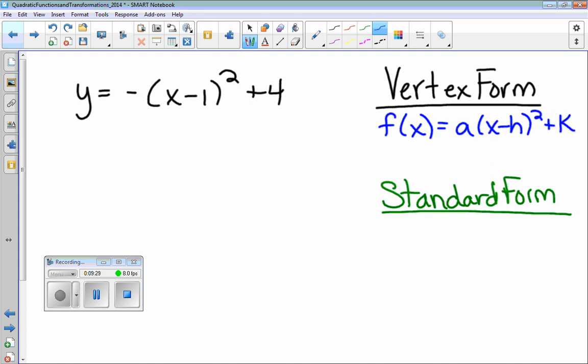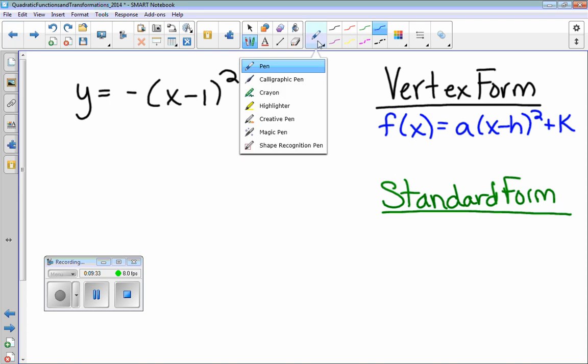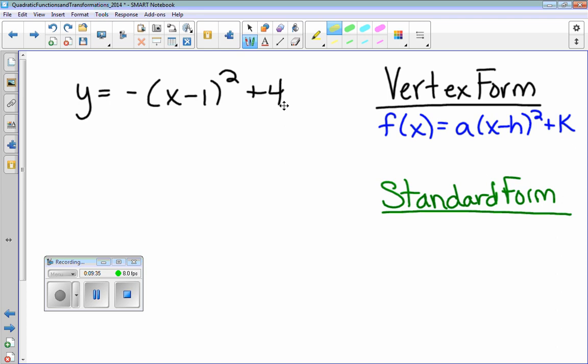Okay, so you need to write what that is. Vertex form looks like this. y equals a, parentheses, x minus h, close parentheses, squared plus k. (h, k) is the vertex. Okay, so (h, k) is what the vertex is.